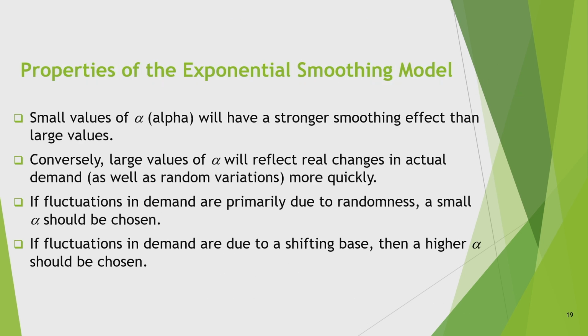Conversely, large values of alpha will reflect real changes in actual demand as well as random variations more quickly. If fluctuations in demand are primarily due to randomness, a small alpha should be chosen. If fluctuations in demand are due to a shifting base, that means some trend type of thing is there, then a higher alpha should be chosen.